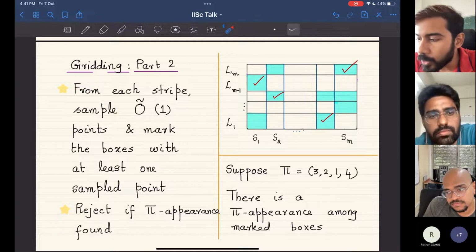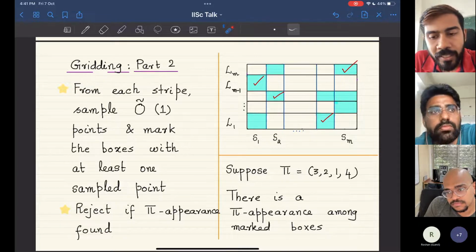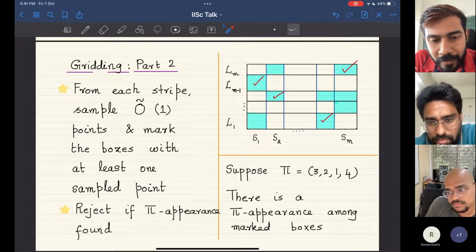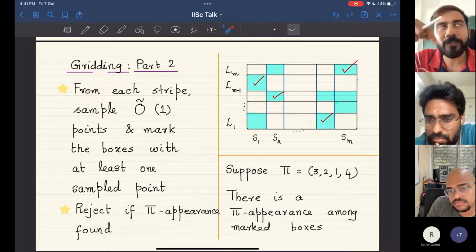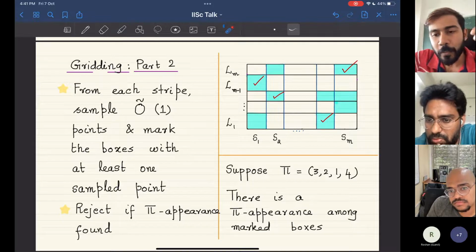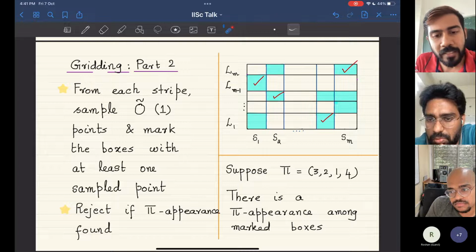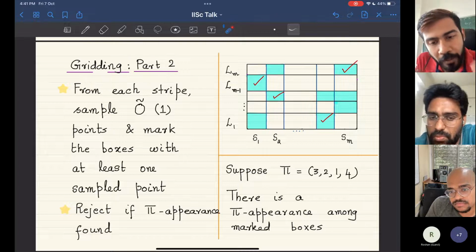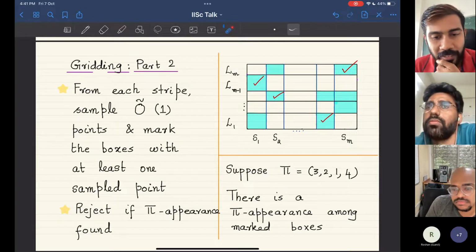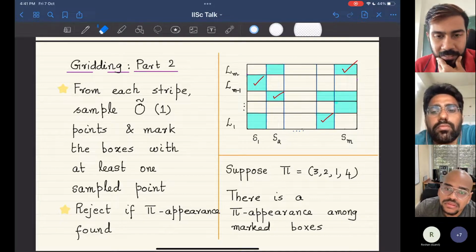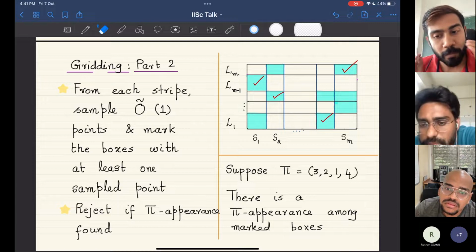That is, in any such grid, it's a packing problem. Suppose you are trying to mark boxes without creating any such obvious pi appearances. You cannot do that. You can only mark very few boxes. Essentially, this is the main idea. At least the first main idea.